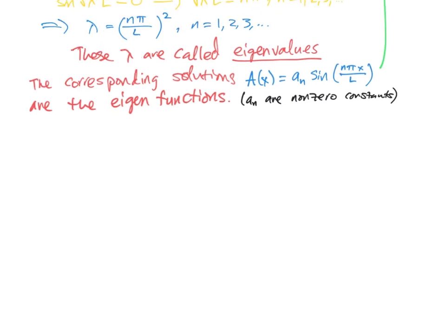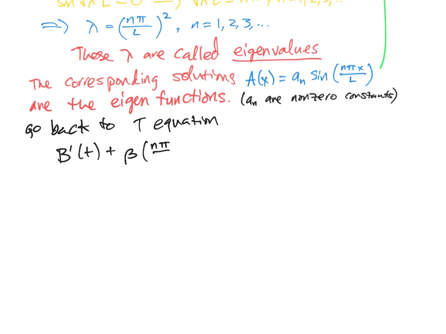Okay, now we've got one more thing to do. We can go back to the t equation, or the b equation, however you want to phrase it. So we get b prime of t plus beta, and now instead of lambda, we know what lambda looks like. So we've got n pi over L squared times b of t equals 0.